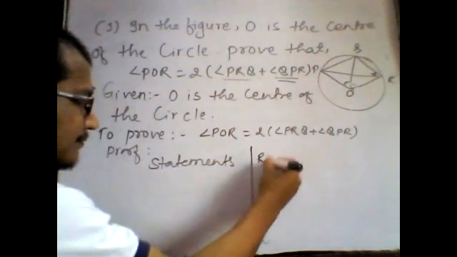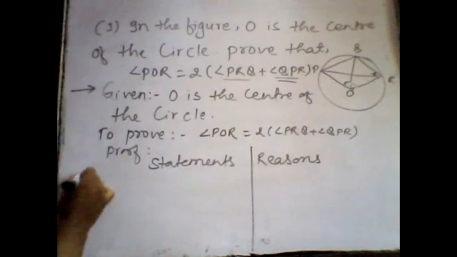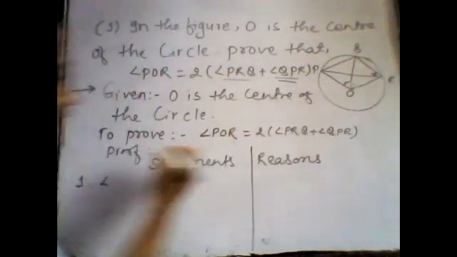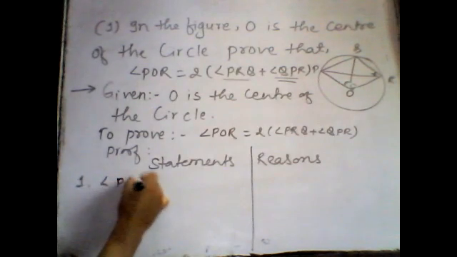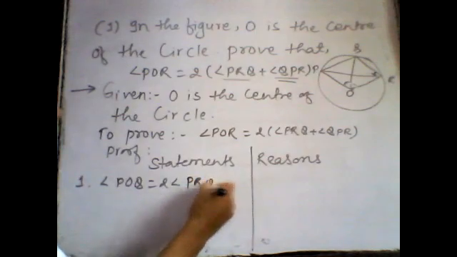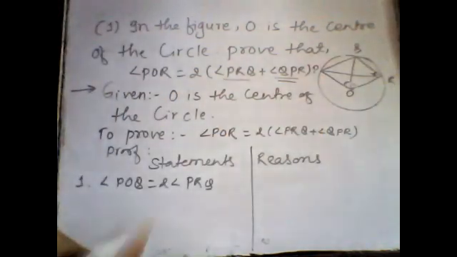Statements and reasons. Statement 1: angle POQ is twice of angle PRQ. POQ and PRQ are both on the same arc.